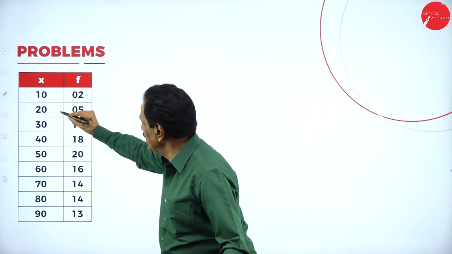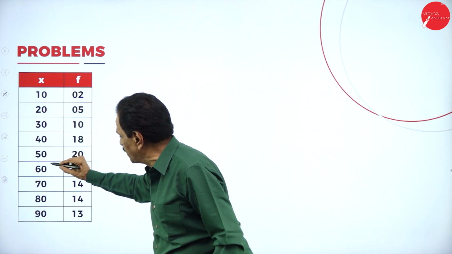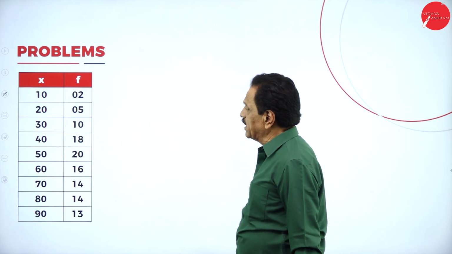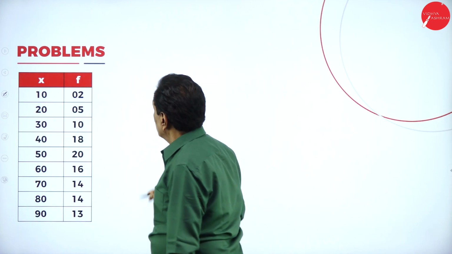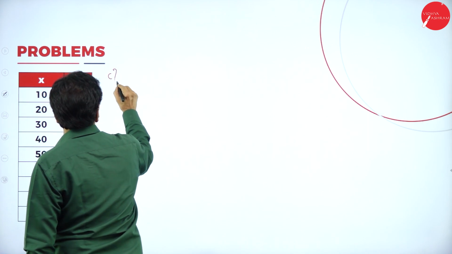This is 10, 20, 30, 40, 50, 60, 70, 80, 90. Your frequencies are given here. We'll go into CF now.